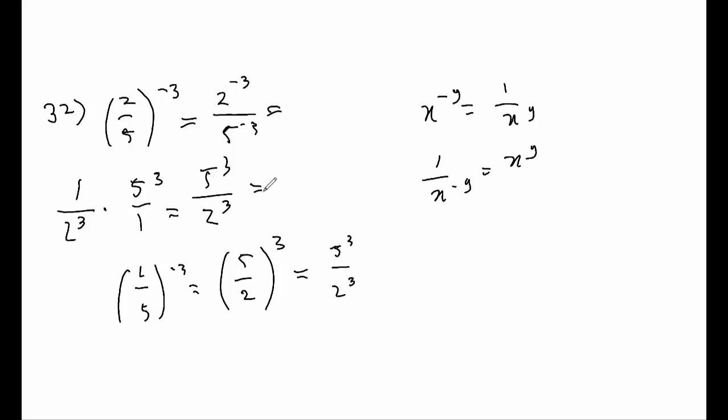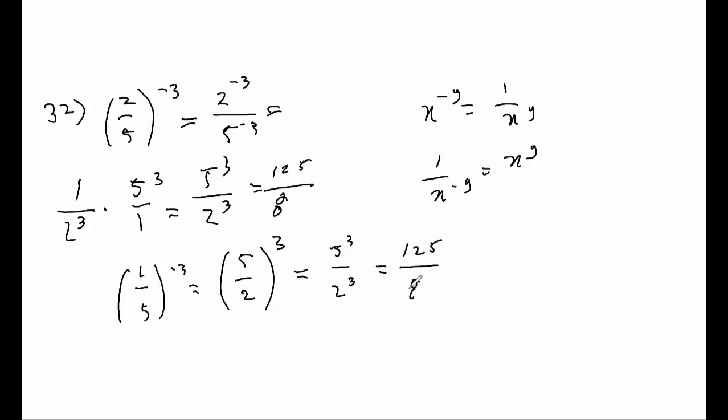And that's going to be equal to 125, and then 2 to the third, that's going to be equal to 8. Similarly here, we have 5 to the third because that's 5 times 5 times 5, and that'll be 125.